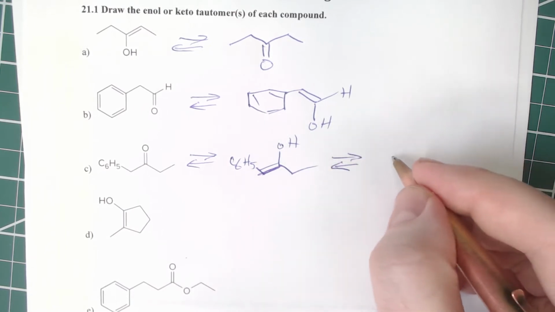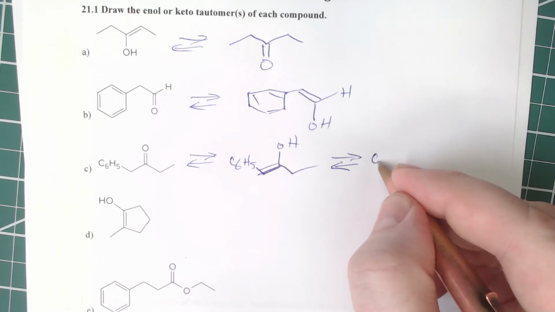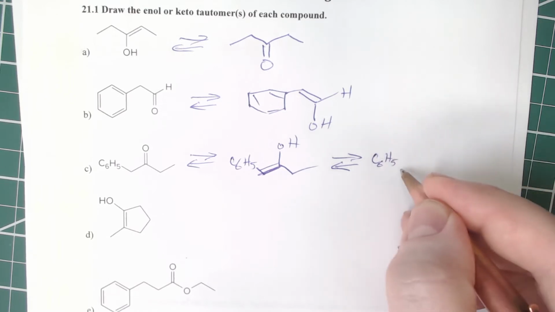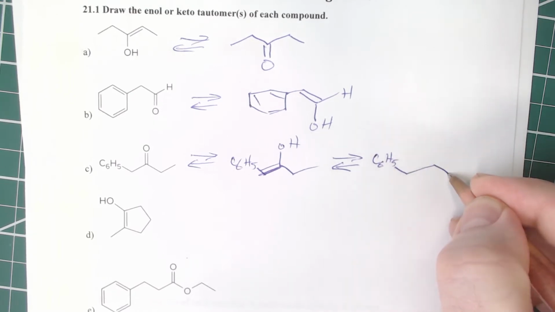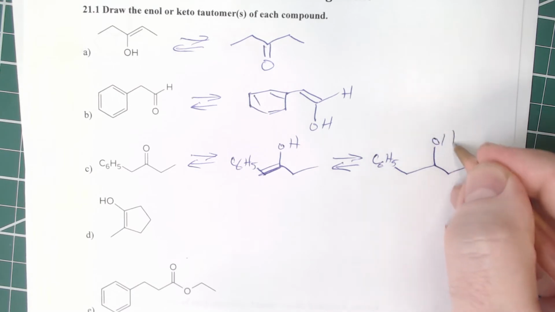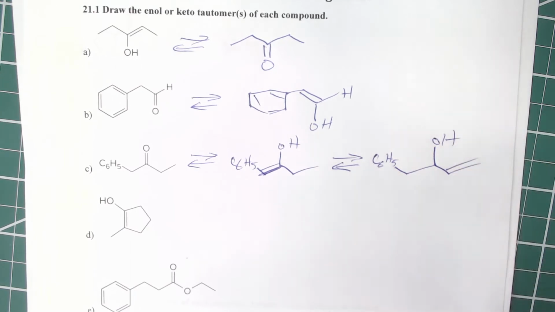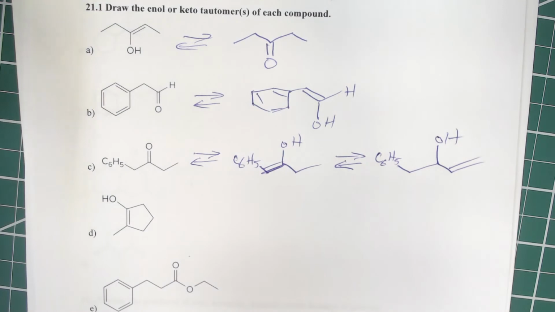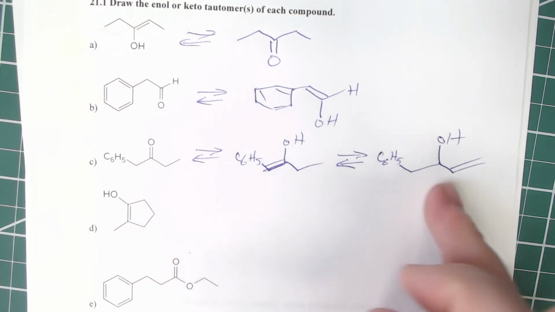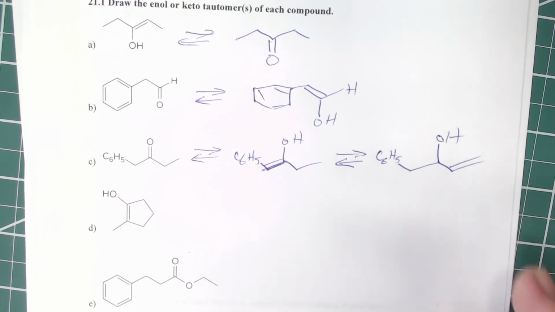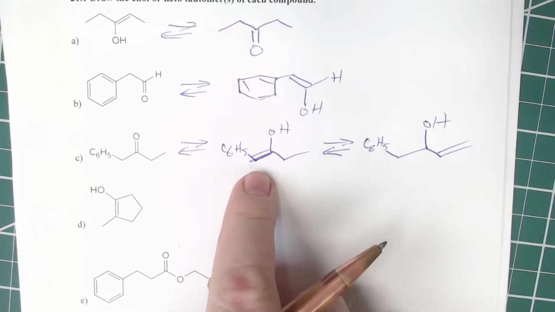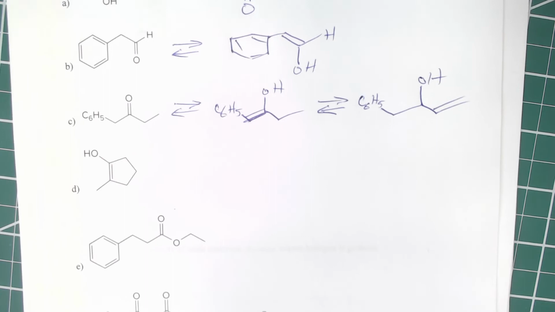And then we have another structure, C6H5, and we can have a double bond there. And so those are going to be our two enol forms. All right, that one got a little messy. Sorry about that, but hopefully you can see what's going on there.